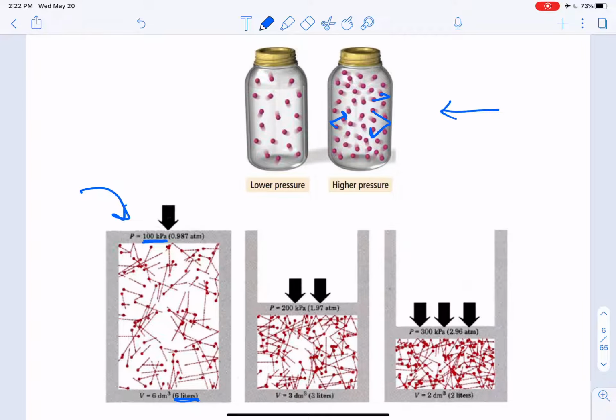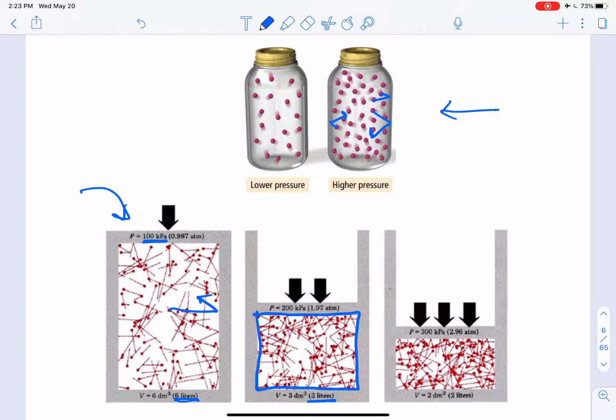So we've got these gas molecules bouncing around and hitting the sides of the container, causing pressure. And then if we compress the gas to 3 liters, so inside here, there's half the volume now.